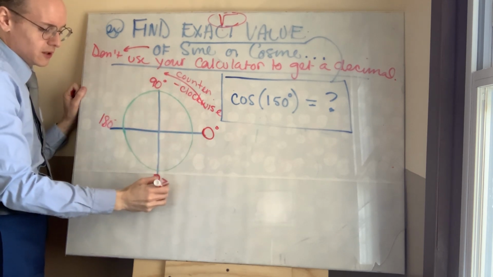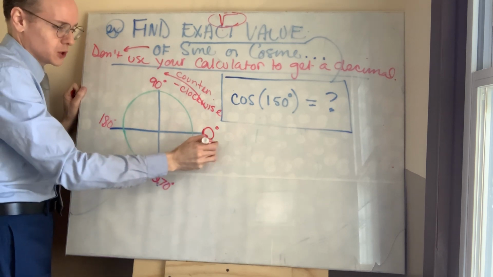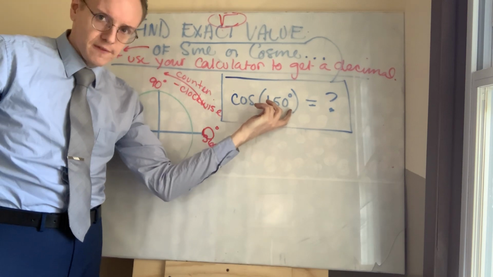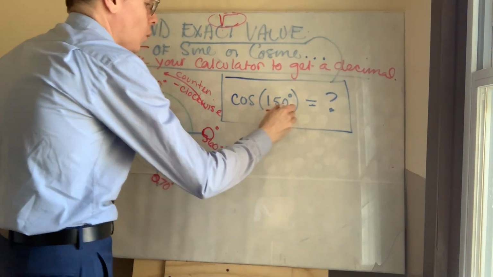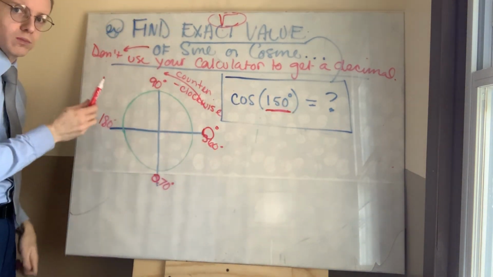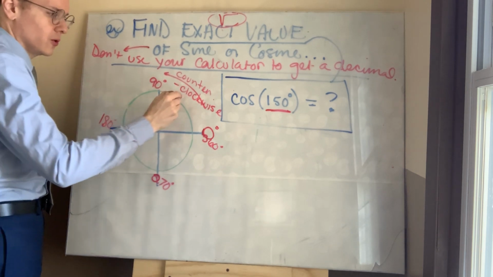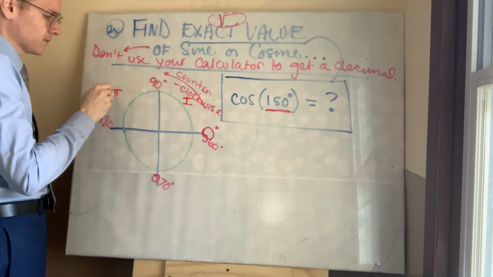It would be good in the long run to memorize this information. But if you're only going so far as 150, where is that going to plop us in terms of a coordinate? Quadrant 2, technically speaking.